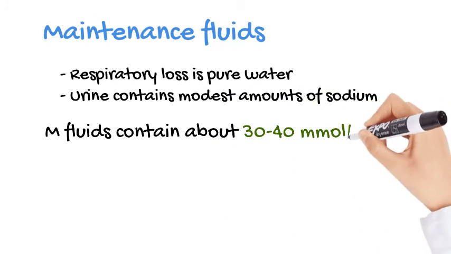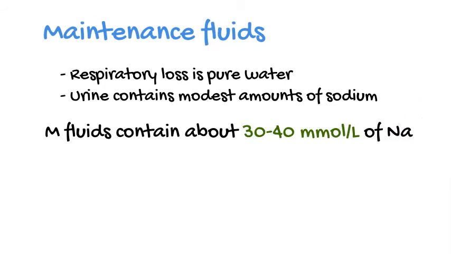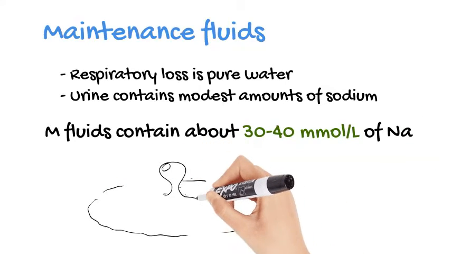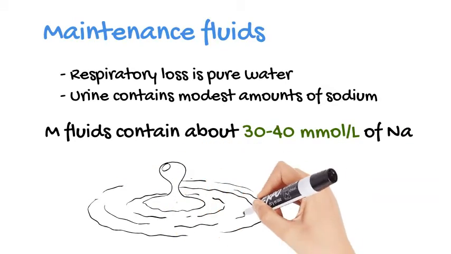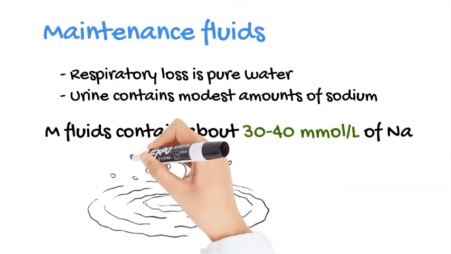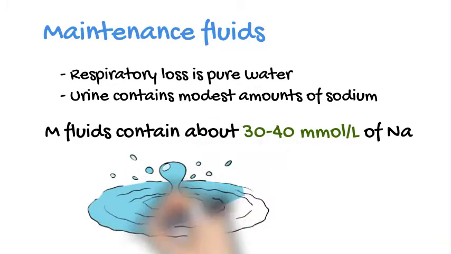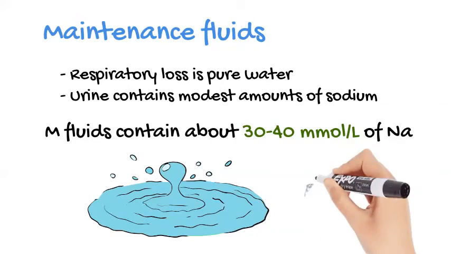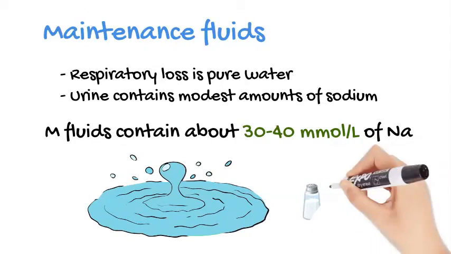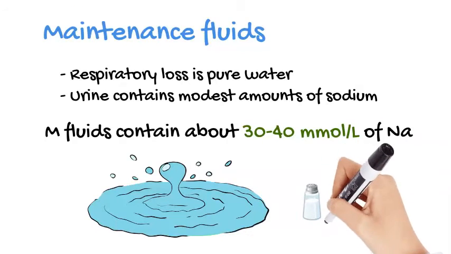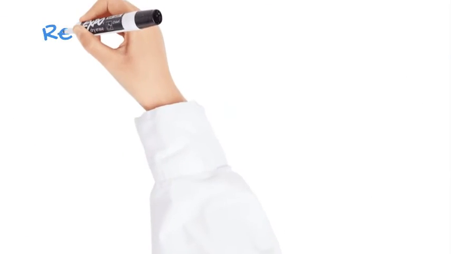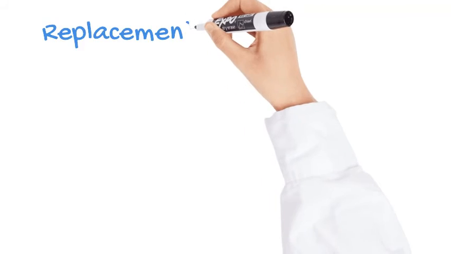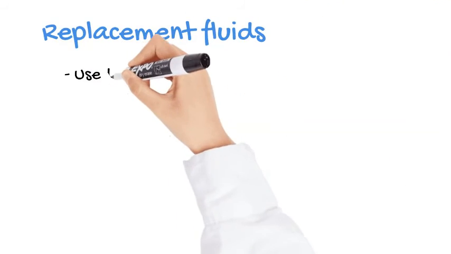That actually contains a pretty modest amount of sodium. So if you think about the fluids that come off of our body over a 24-hour period, it's actually got a relatively low sodium concentration. And that's why maintenance fluids have a sodium concentration of about 30 to 40 millimoles per liter. It's designed to reflect what we lose under normal circumstances. You can think of a maintenance fluid as being mostly water and just a pinch of salt.